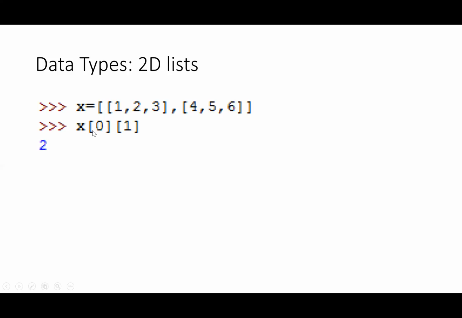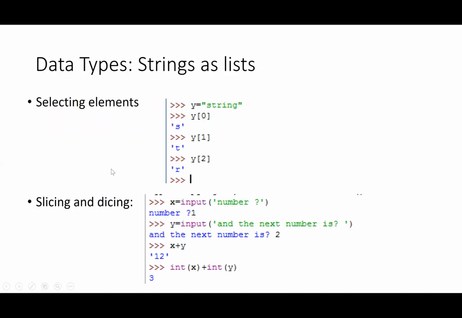Instead of using one index, so x of 0, I specify a second index, 1. So 0 here means the 0th list entered in the list of lists. That's this list here, that's the first list. And I want the number 1 element, so 0, 1, that's 2. So if I type this in at the command shell, hit return, back comes the number 2.